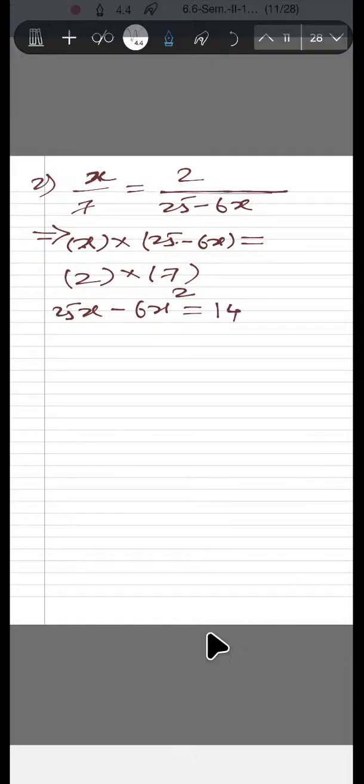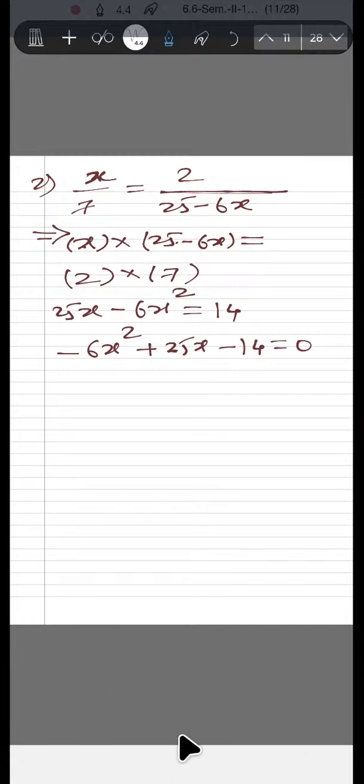Now here we can see the highest degree is 2, so it is a polynomial. So I am going to rewrite that again here like minus 6x square plus 25x. This 14 comes to this side, it becomes minus 14. Okay, minus 14 here.